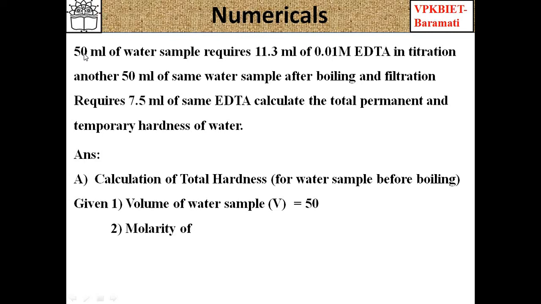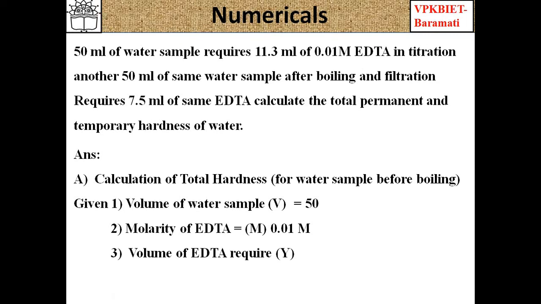The second given is the molarity of EDTA, which is 0.01 molar. The third given is the volume of EDTA required for the first titration, that is Y, which is 11.3 ml.